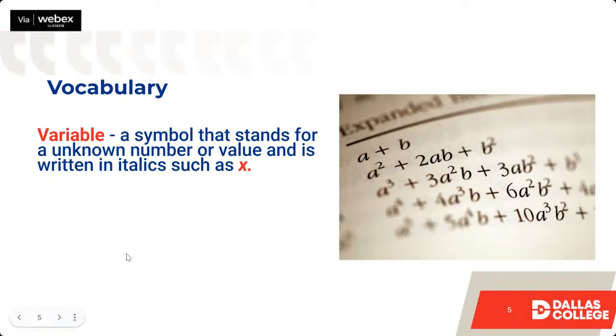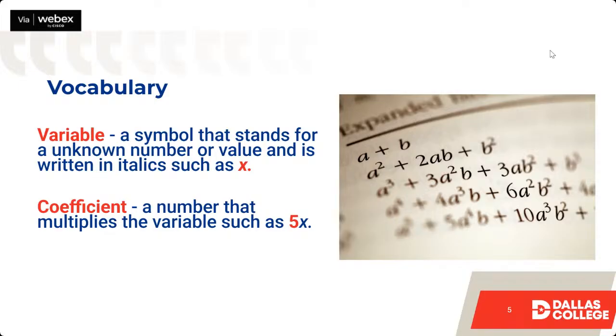Here comes the next word. Repeat after me. Coefficient. Say it again. Coefficient. A coefficient is a number that multiplies the variable, such as 5x.